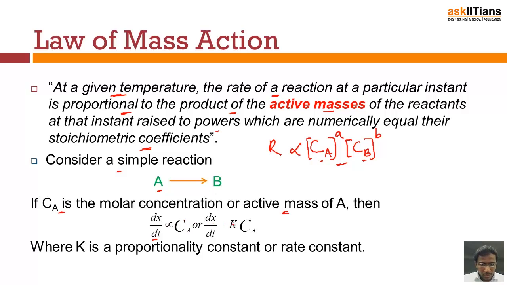If we introduce a proportionality constant, dx by dt is equal to k into CA, where k is known as the proportionality constant or rate constant of the reaction. This is the law of mass action for a simple reaction where A is giving P.